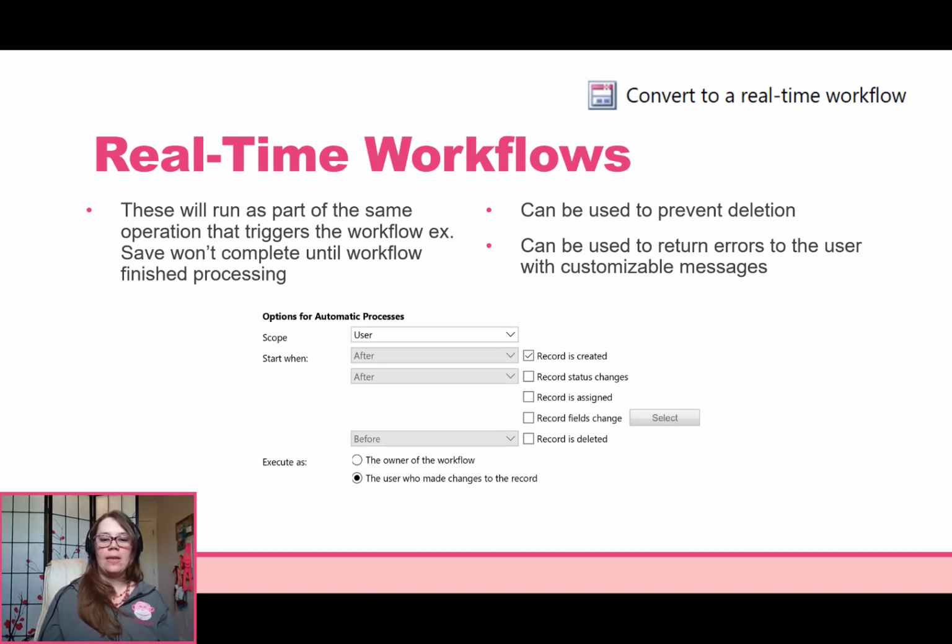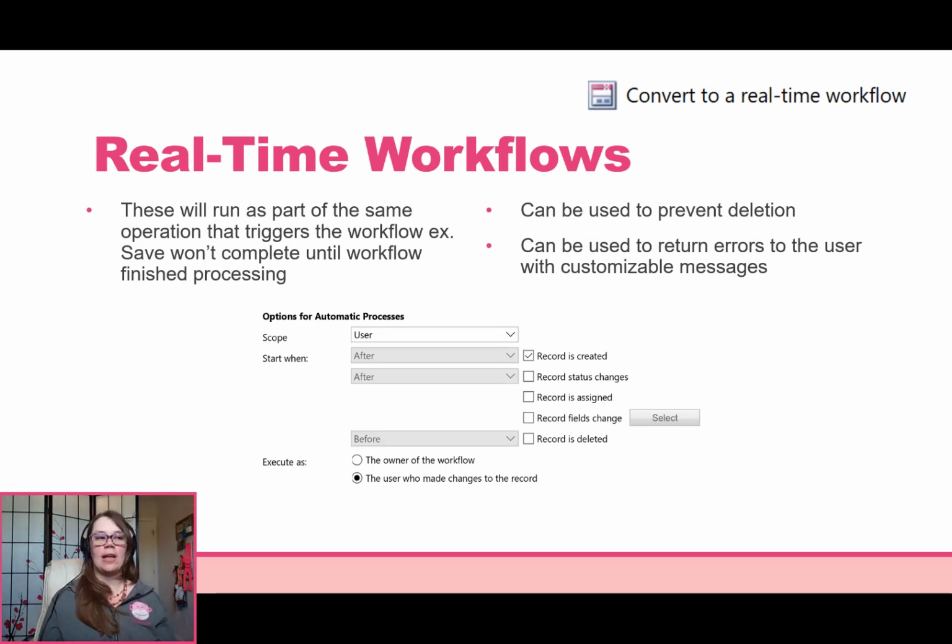And you'll also see that we can determine if this workflow is going to run as the owner of the workflow or if it's going to run as the person who made changes to the record. So that's important because generally all of our asynchronous workflows, they're always going to run as the owner of the workflow.